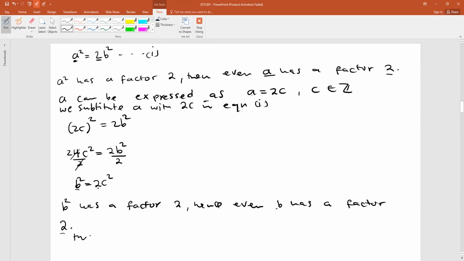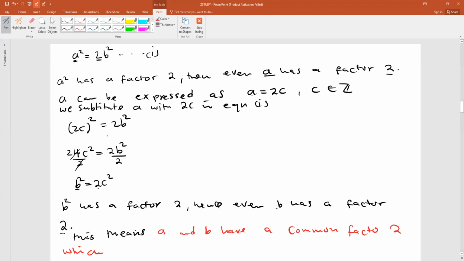This means that a and b have a common factor 2.